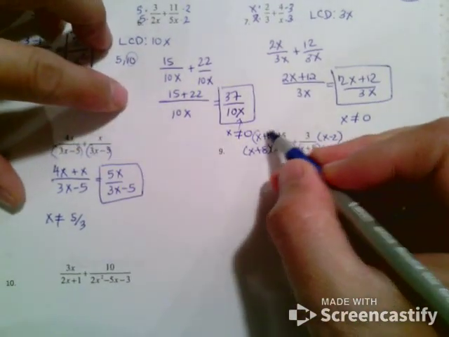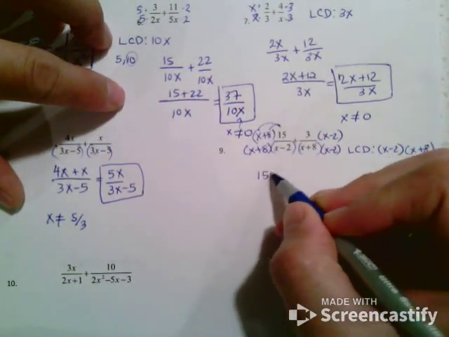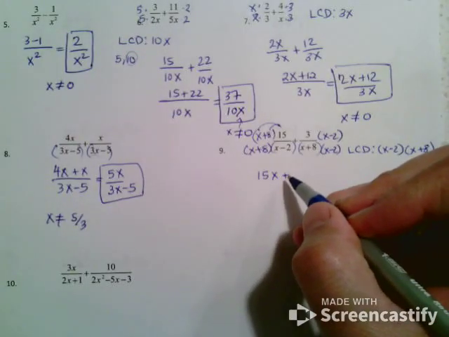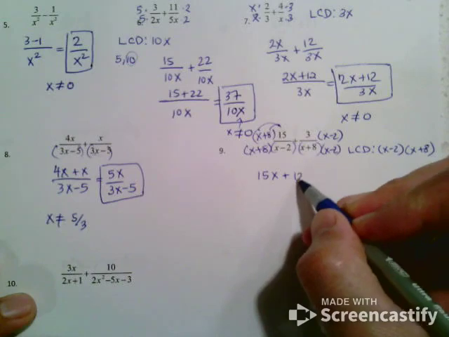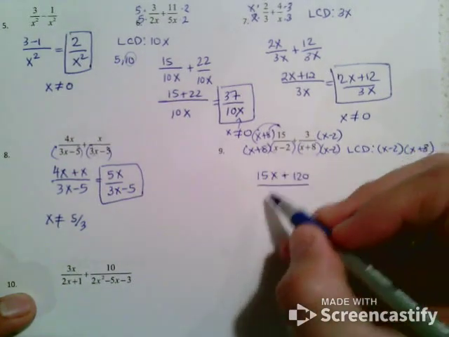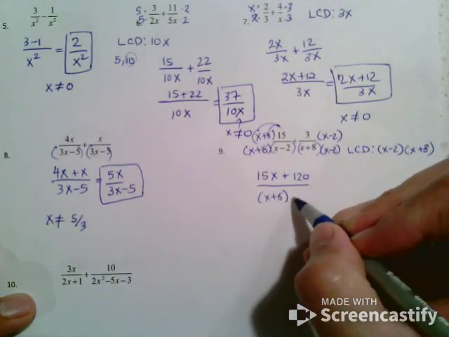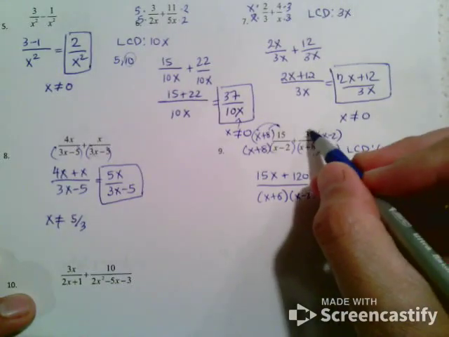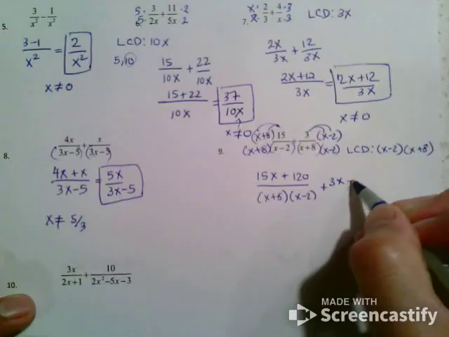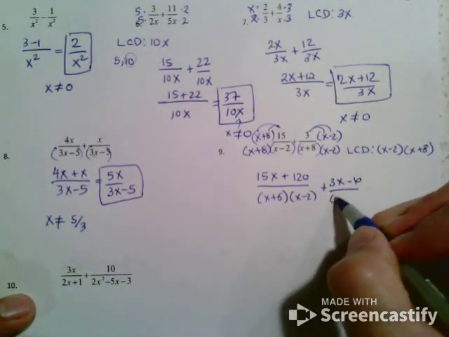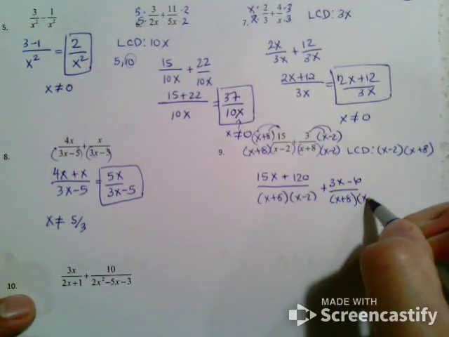So we want to multiply this one through. And now at the bottom, just keep it factored. And then this one through. And in the bottom, also keep it factored.